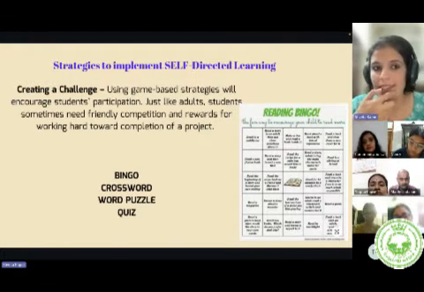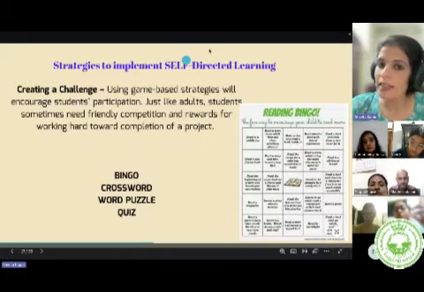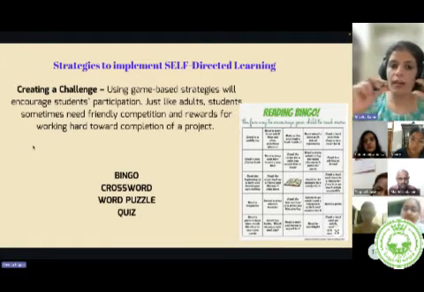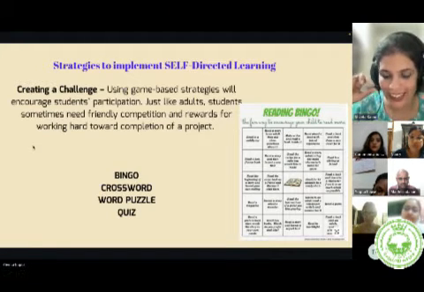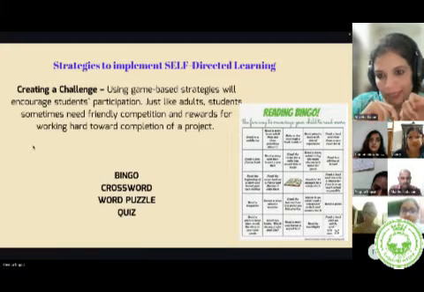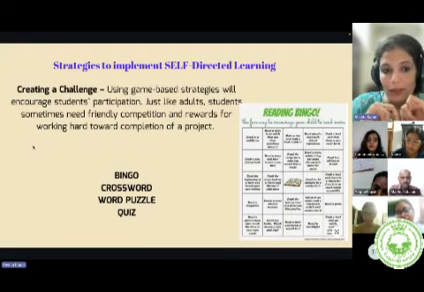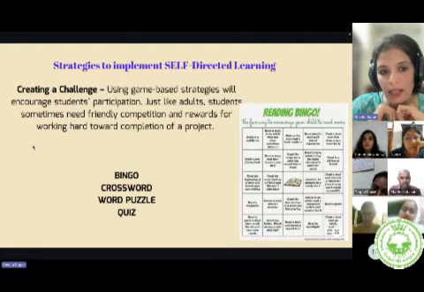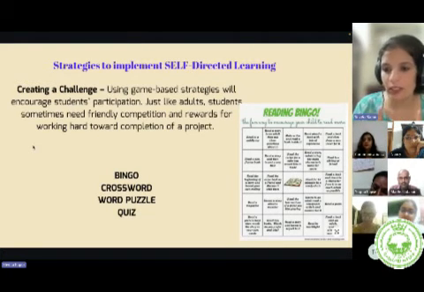Another is creating a challenge using certain game-based strategies that encourage student participation, which could be again friendly competition. One of the fundamental rules is collaboration and cooperation. So whenever in the quest for learning, at no point will I create an inter-se competition in my class.